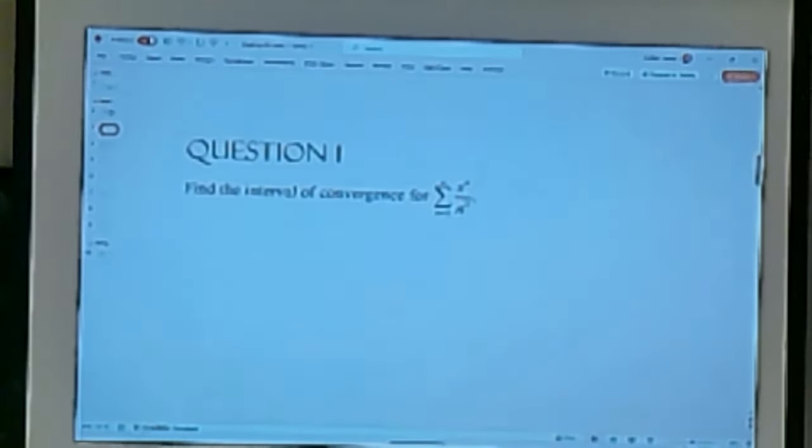Here we have the power series, x to the n over n squared. Find the interval of convergence. Well, we have a very useful tool for this already.